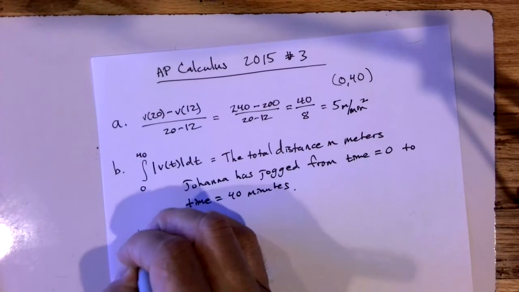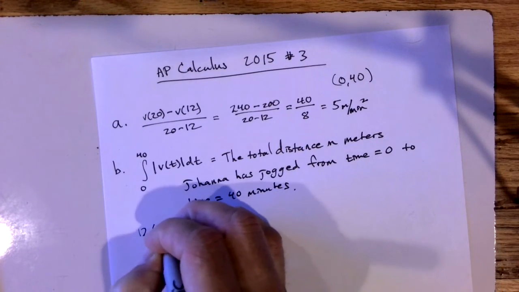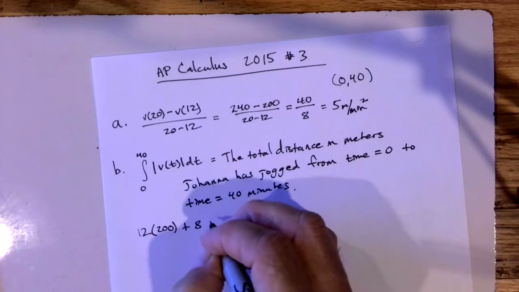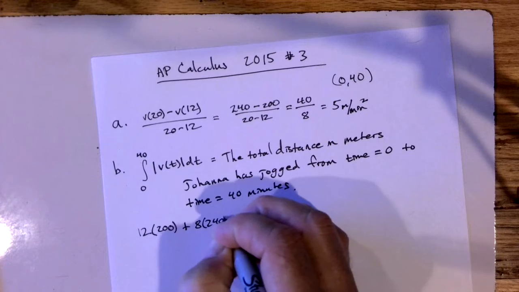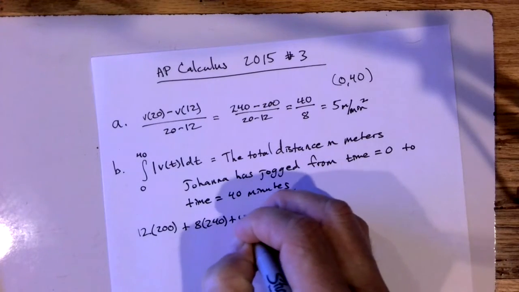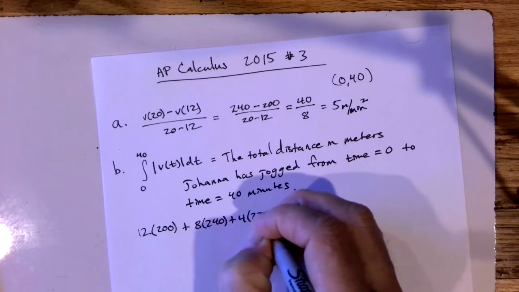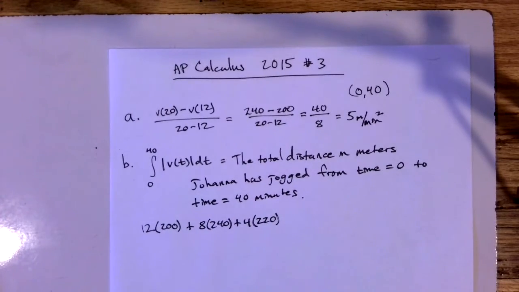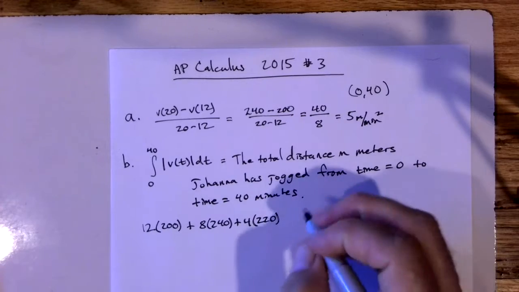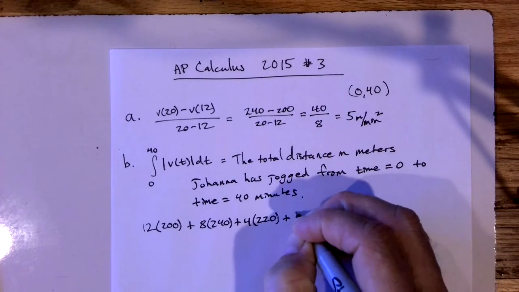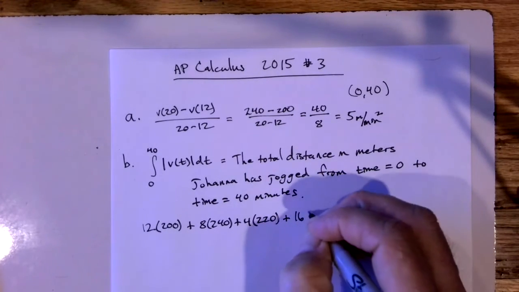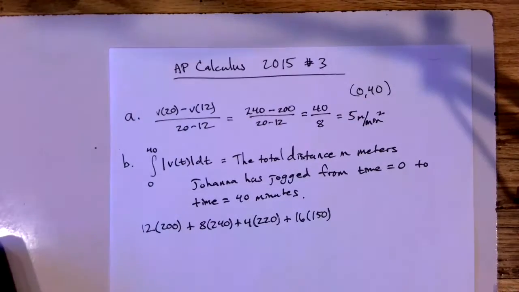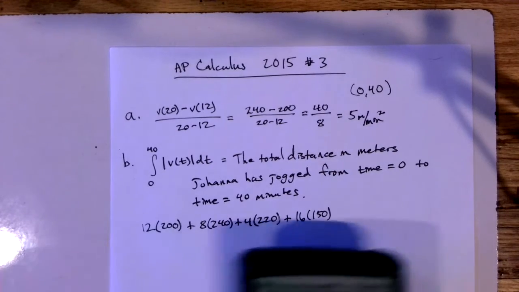So again, we take that 12 times 200 plus 8, that's the next width of the interval, times 240 plus 4 times negative 220, positive 220. Why? Because absolute value, we take the positive. That's a common mistake for this kind of a problem. Plus 16 times 150. Now, this was a no calculator problem, and so this all had to be computed by hand.